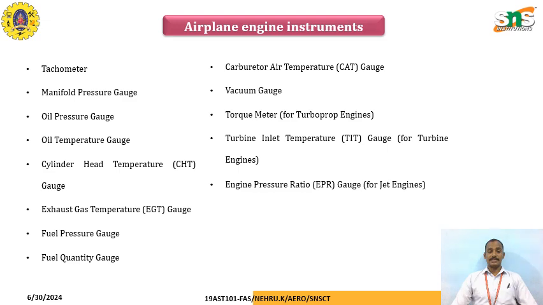The airplane engine instruments listed here are: the tachometer, manifold pressure gauge, oil pressure gauge, oil temperature gauge, cylinder head temperature gauge, exhaust gas temperature gauge, fuel pressure gauge, fuel quantity gauge, carburetor air temperature gauge, vacuum gauge, torque meter for turboprop engines, turbine inlet temperature gauge for turbine engines, and engine pressure ratio gauge for a jet engine.